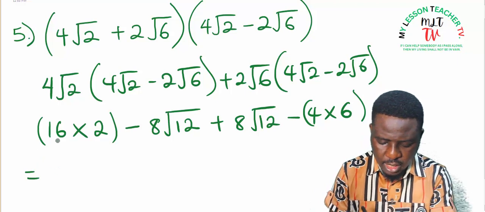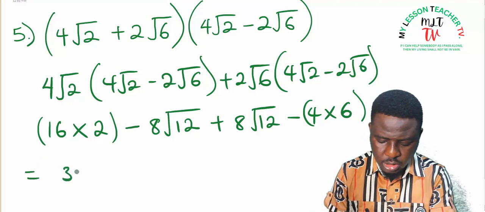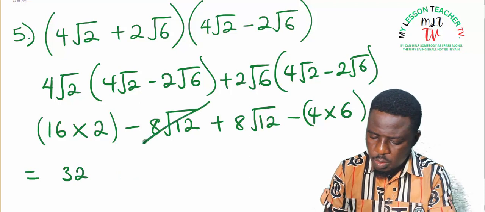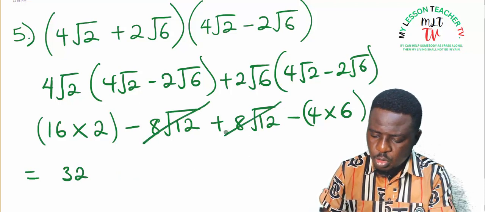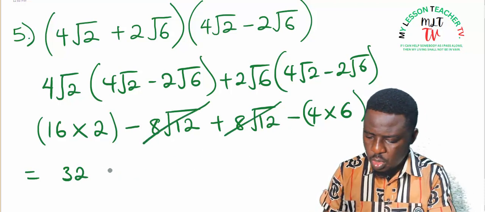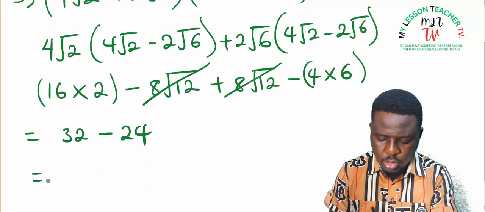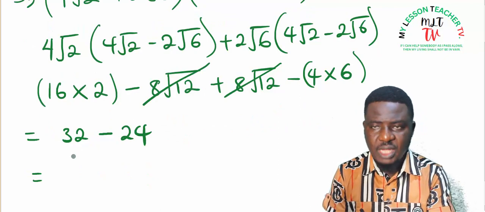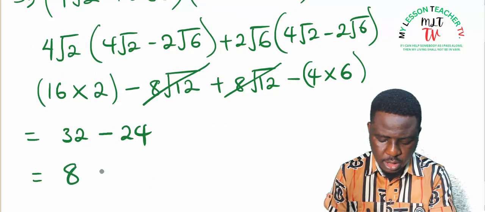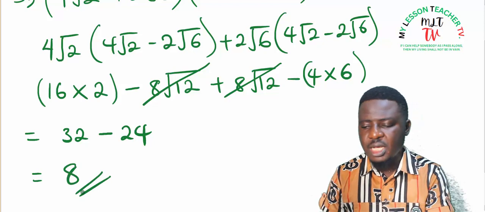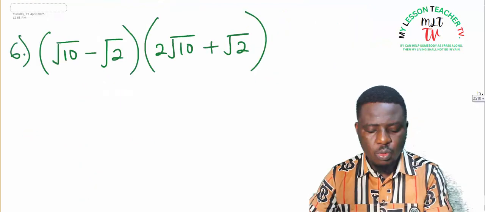Simplifying this further, 16 times 2 is 32, minus root 8 plus root 8 is said to be 0, while we have minus 4 times 6 is 24. So when you subtract 24 from 32, it gives you 8. So our answer is said to be 8.